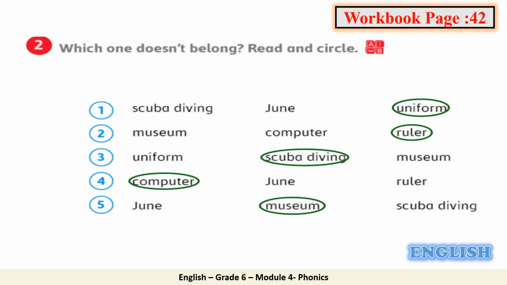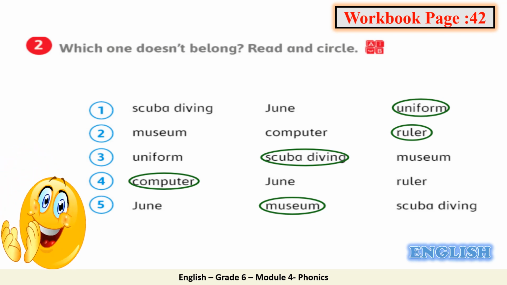Number 4, computer with the U sound doesn't belong with the oo in June and ruler. And finally, number 5, museum is the one that doesn't belong because the other two are with the oo sound as in June and scuba diving. Great job, everyone. You're doing great so far.